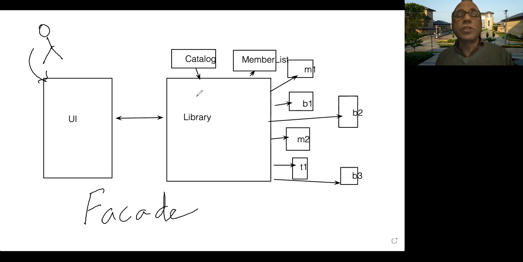And what you will probably do in your group project is again create a facade for your grocery store. All right. So this is a good example of a facade.